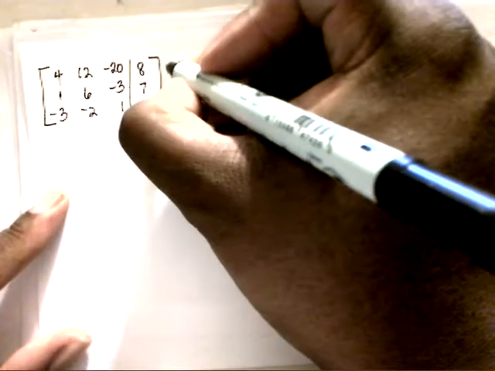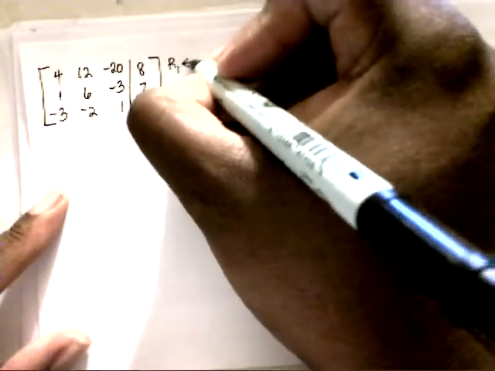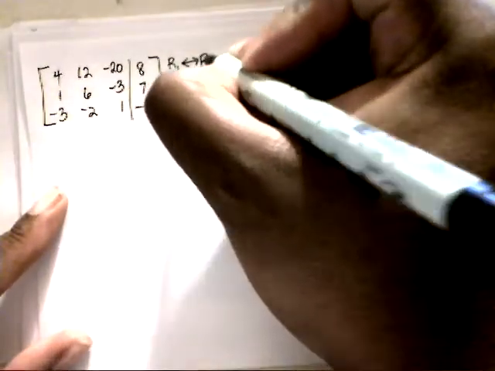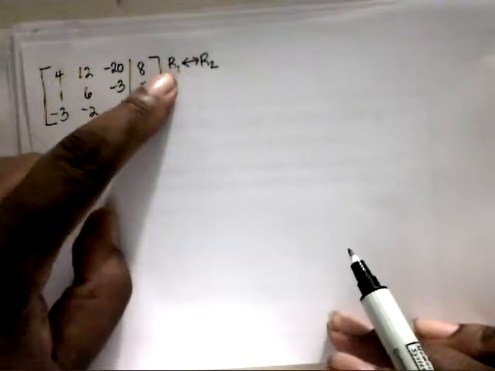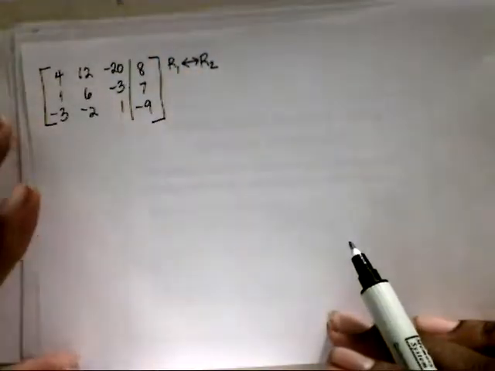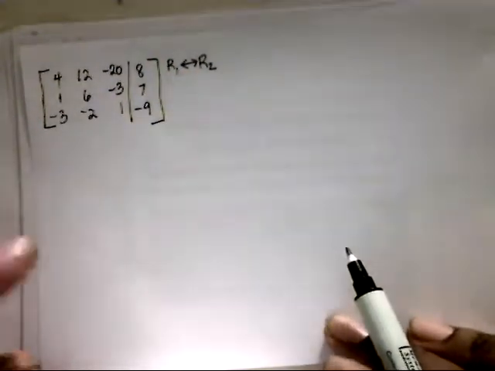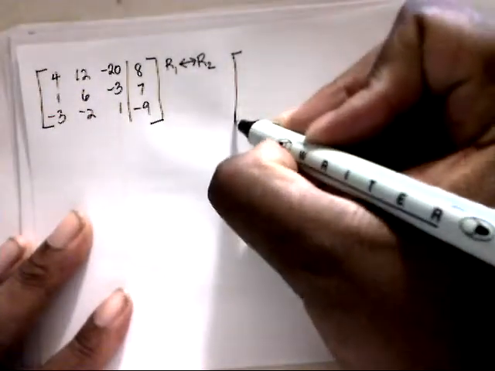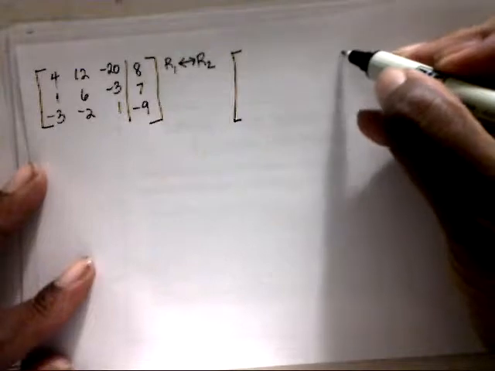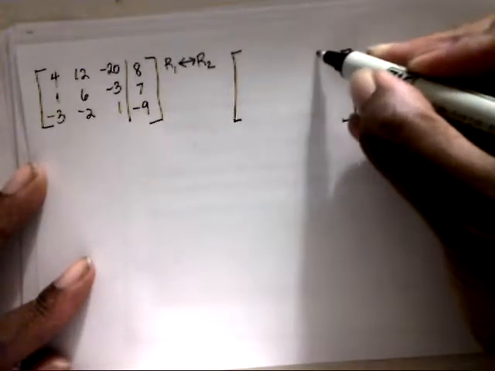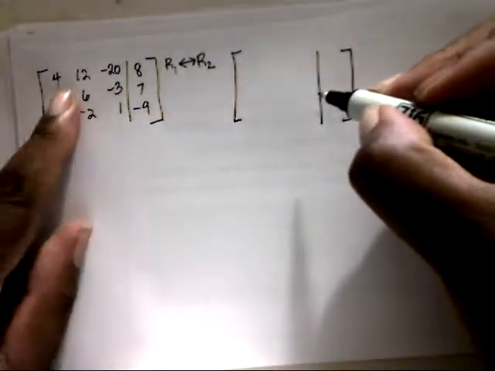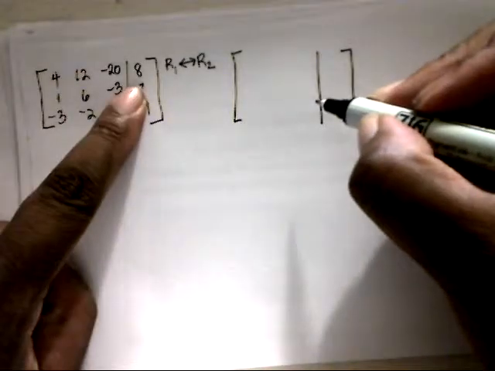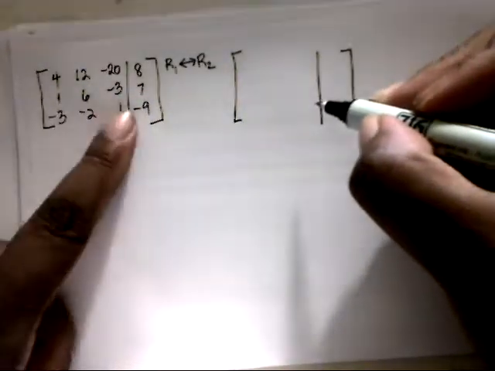And what we want to do in part A is to interchange row 1 with row 2. That's what this symbol means. Interchange row 1 and row 2. So that means we're just going to swap those two rows. So in other words, here's my new matrix that I'm going to come up with. And in this case here, this first row becomes the second row. The second row becomes the first row.